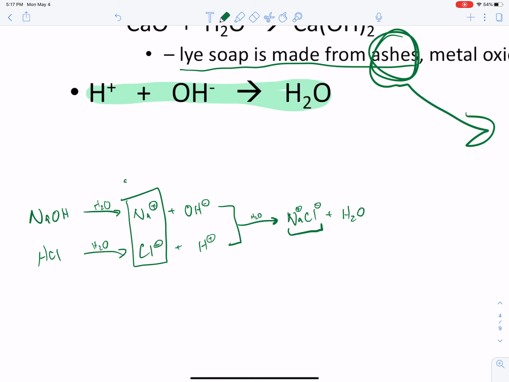So these are actually called spectator ions. They don't do the reacting. So what really is doing the reacting is OH minus and H plus reacting together in this water to form H2O. Do you see that above? Isn't that just fancy?